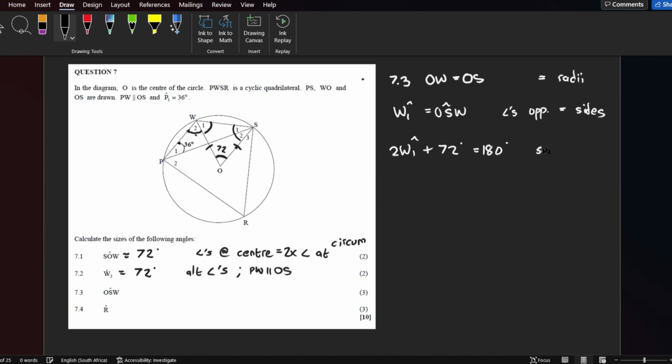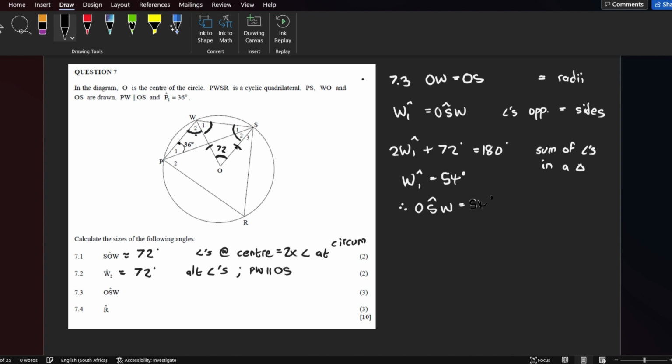The reason there is sum of angles in a triangle. Solving for W1, making it the subject of the formula, we will get W1 to be 54 degrees, and therefore OSW will also be equal to 54 degrees.